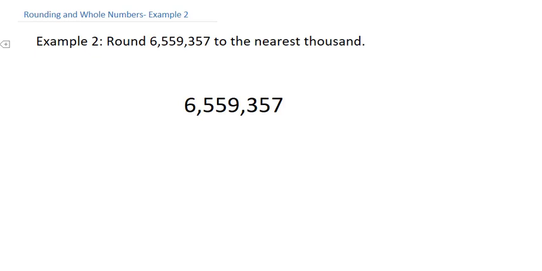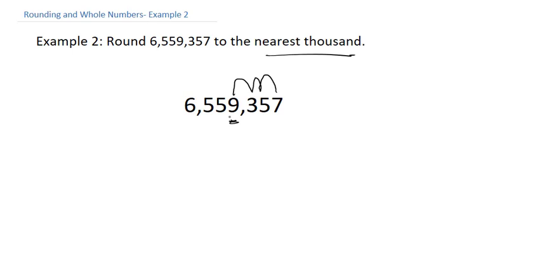Example 2. We are going to be rounding 6,559,357 to the nearest thousand. So let's think aloud as we look at this number. We're going to go from the ones to the tens to the hundreds to the thousands. Let's underline that 9 to show us that's where we're going to look.